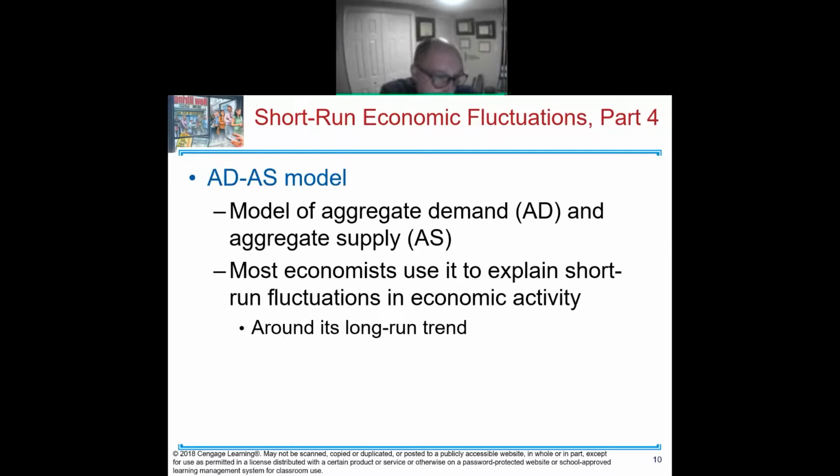So as we examine short-term fluctuations in the economy, we also look at this thing called aggregate supply and demand. When I talk about aggregate, think about the term aggregate from a statistics perspective, the grouping of demand and supply in the short run.